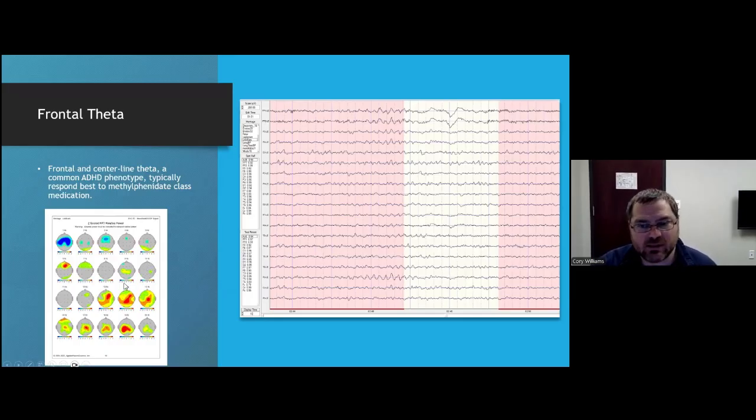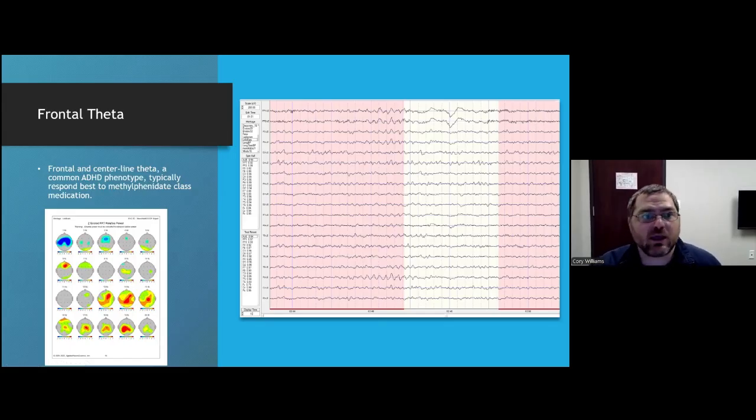But what we really care about comes from the raw data. And if that's something that you're not comfortable with, you look at the squiggles and you think to yourself, I don't know what that means, I would recommend that you do some mentoring sessions with someone who is comfortable with it. Because this map does not exist without this data set. So anytime I'm reading an EEG, I look at the raw data first, and I should already have a guess about what their map will look like before I generate it, okay?